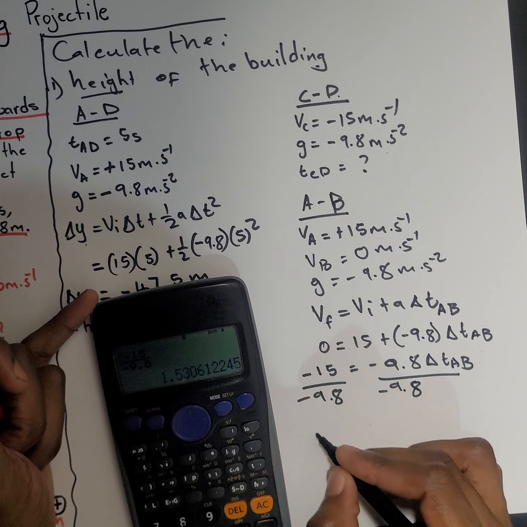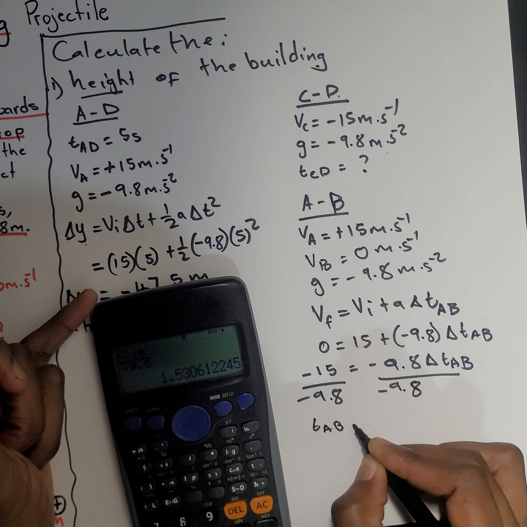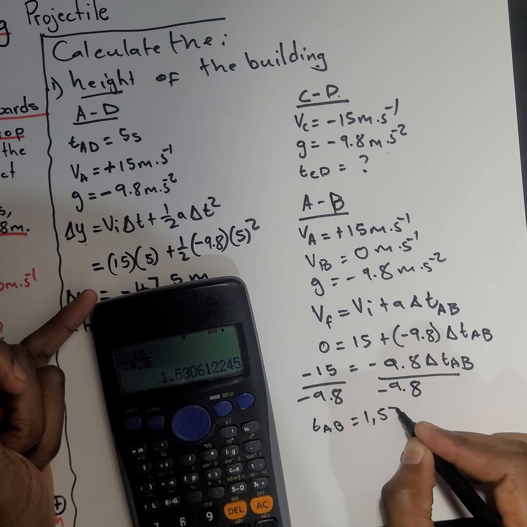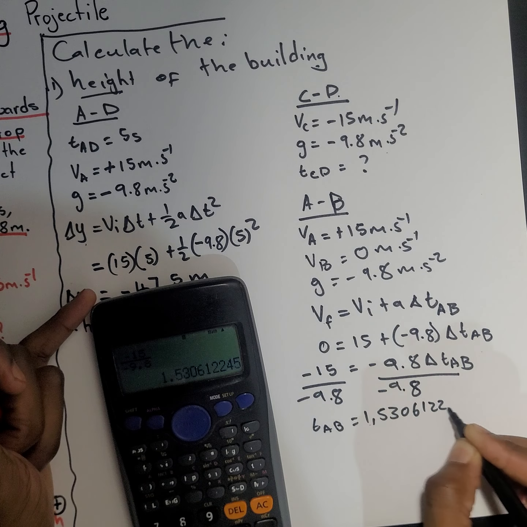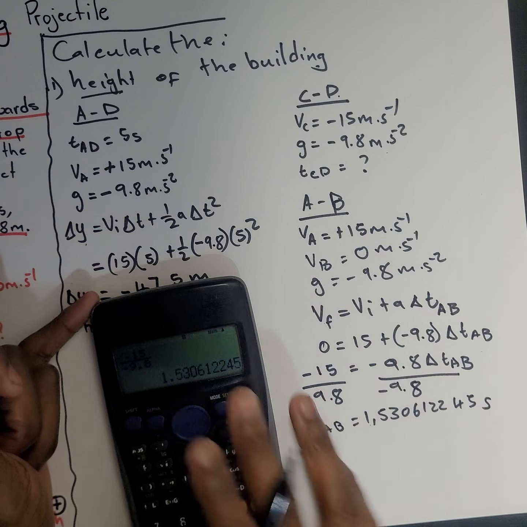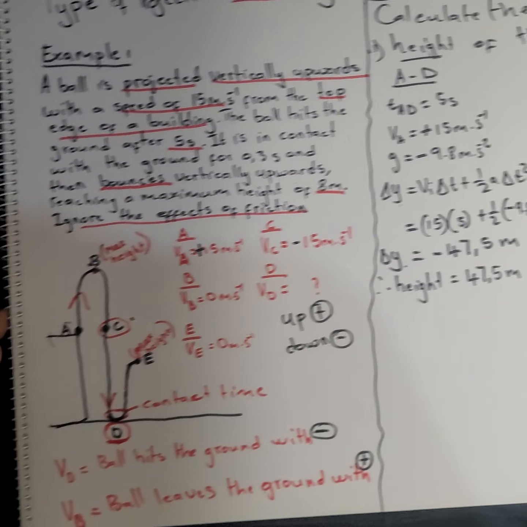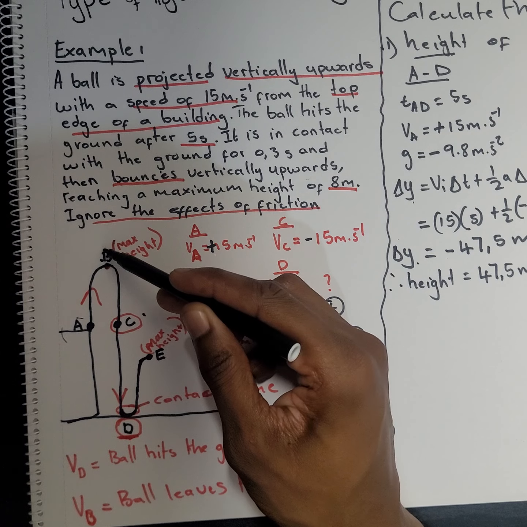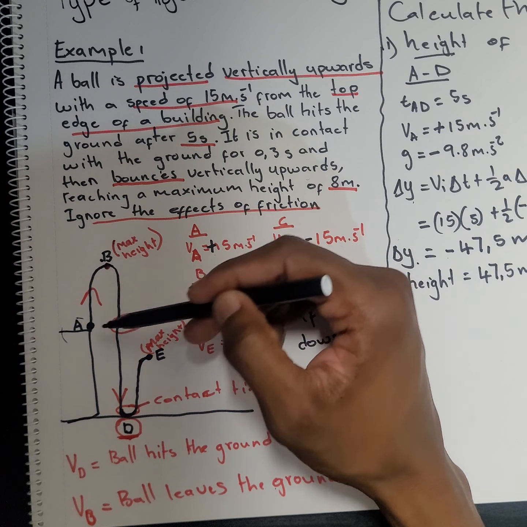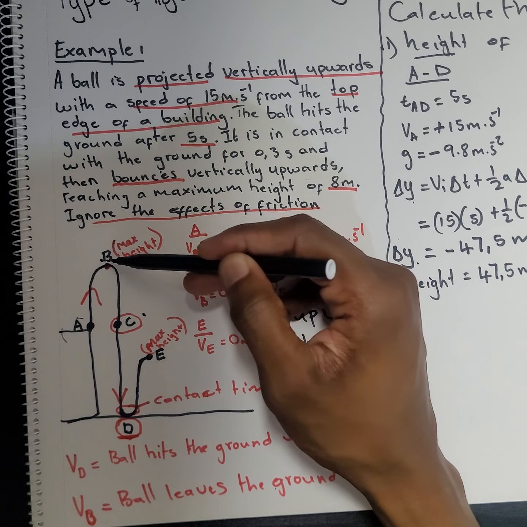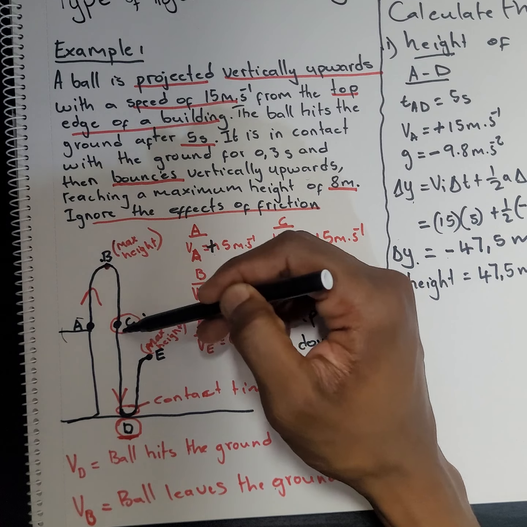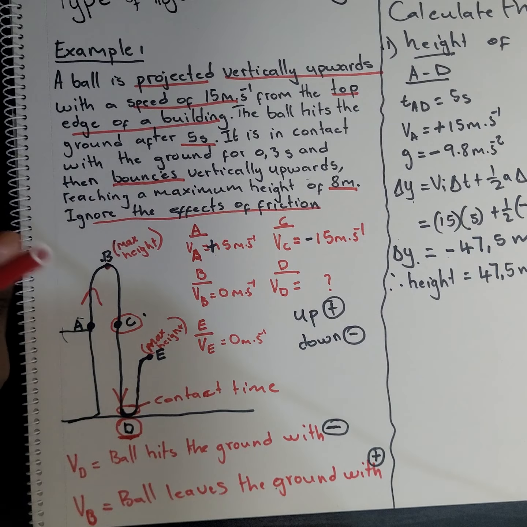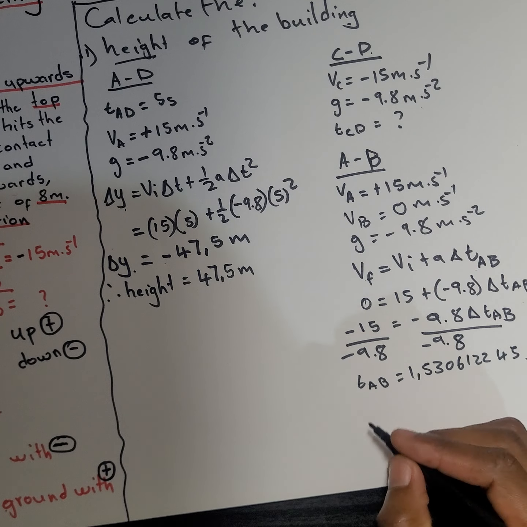I will find my time from A to B to be equal to 1.530612245 seconds. This time, ladies and gentlemen, is the time from A to B. But we know that the time from A to B is equal to the time from B to C. We talked about the symmetry there.